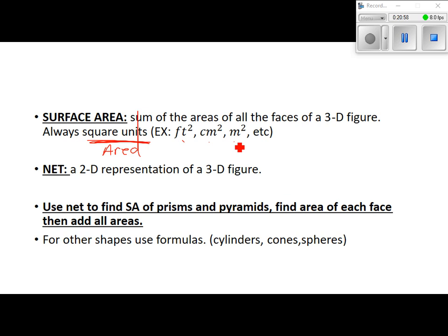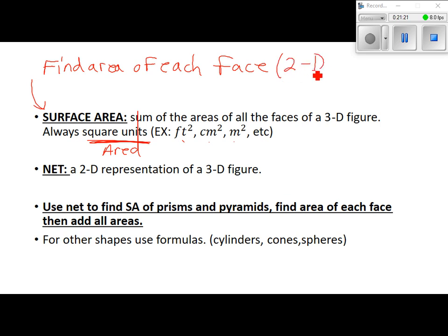So to find surface area, let's just do this. Find the area of each face. Whatever the polygon is or the circle, we have all those formulas for the area of each two-dimensional shape. Then add all areas together.